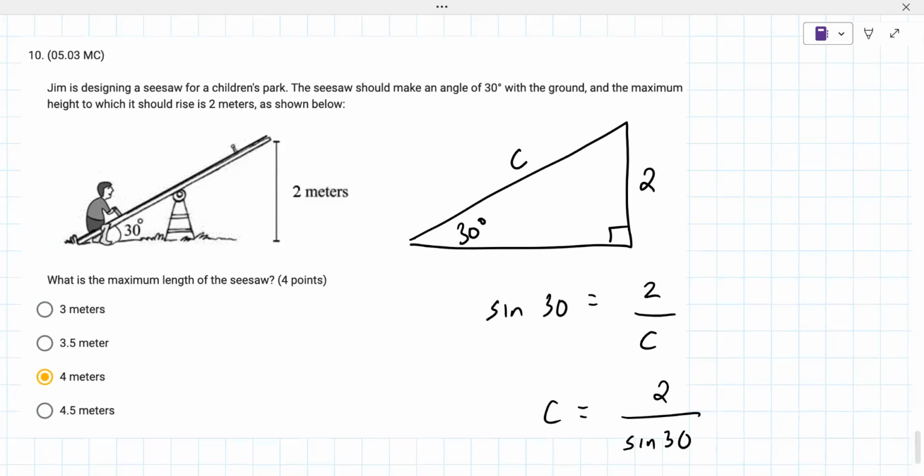That's whatever 2 divided by the sine of 30 comes out to. Almost everything we've been doing is part of trigonometry, so keep that in mind.